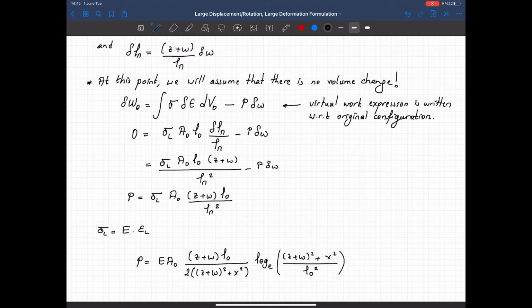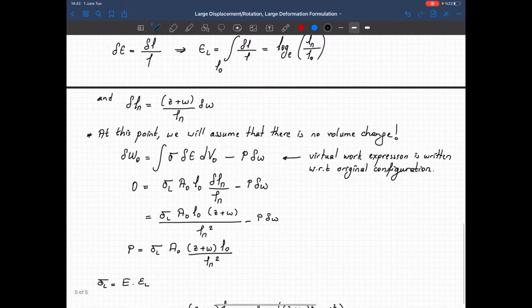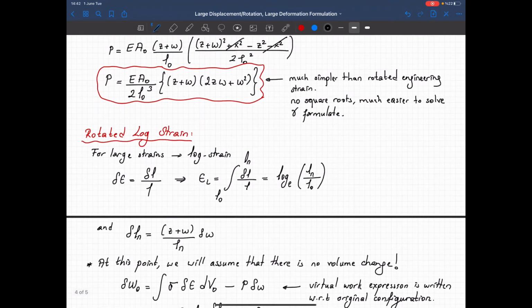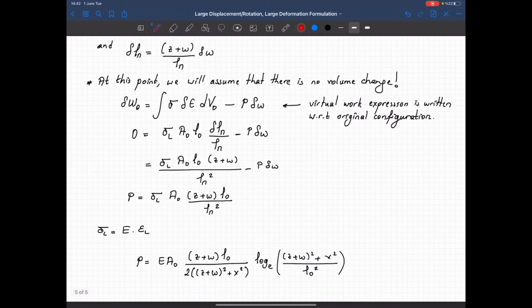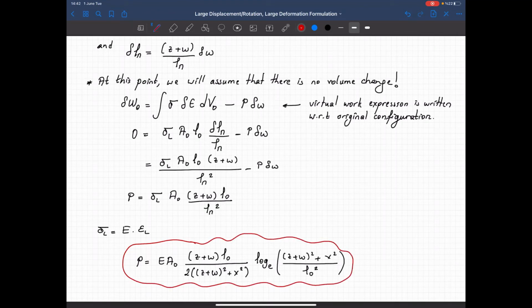And that's an expression, the load deformation curve, for the rotated log strain. Here the only assumption that we make is the area doesn't change as the truss continues to deform.